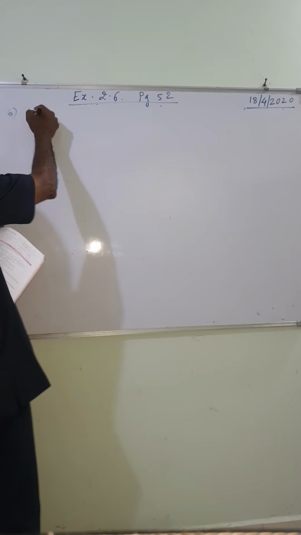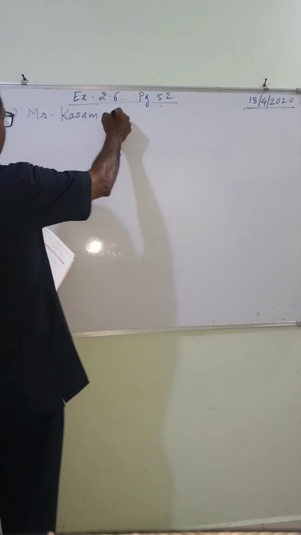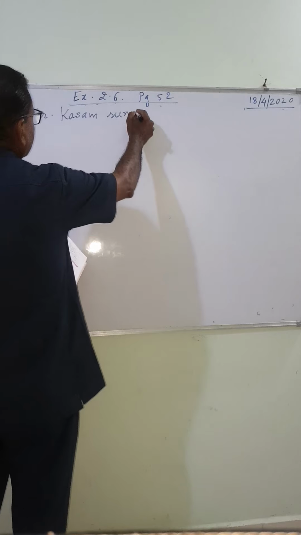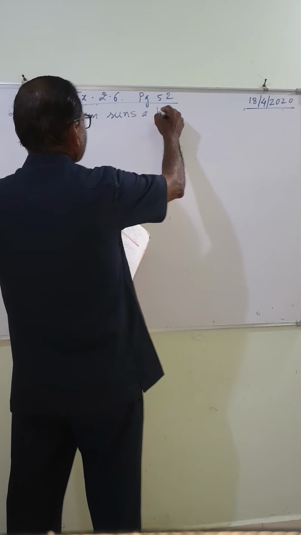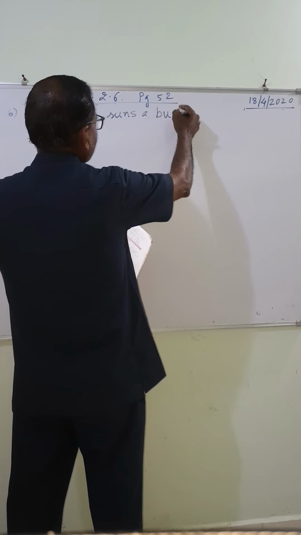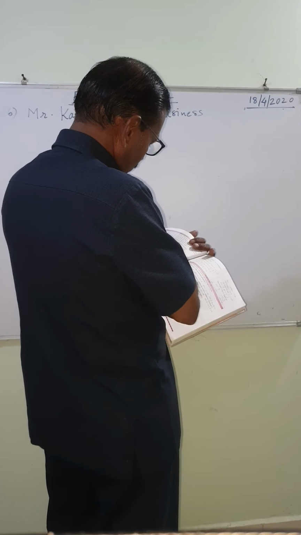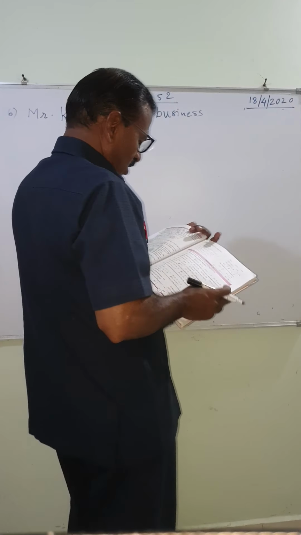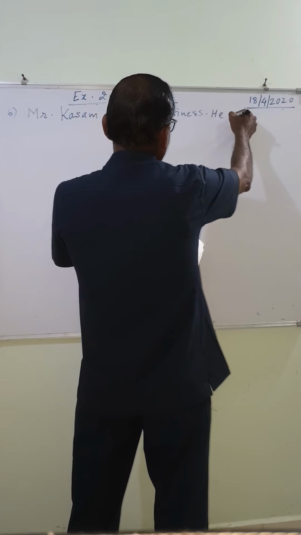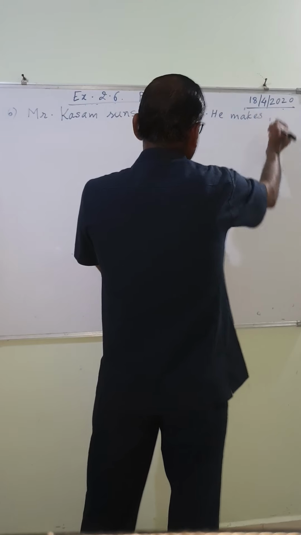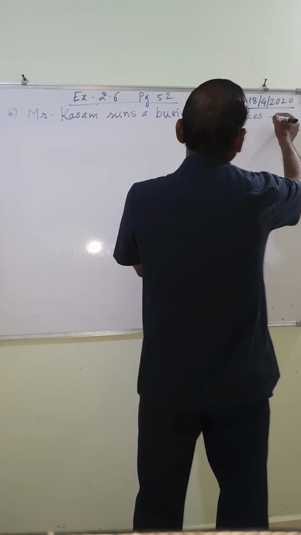Mr. Kasam runs a small business of making earthen pots. He makes a certain number of pots on a daily basis.